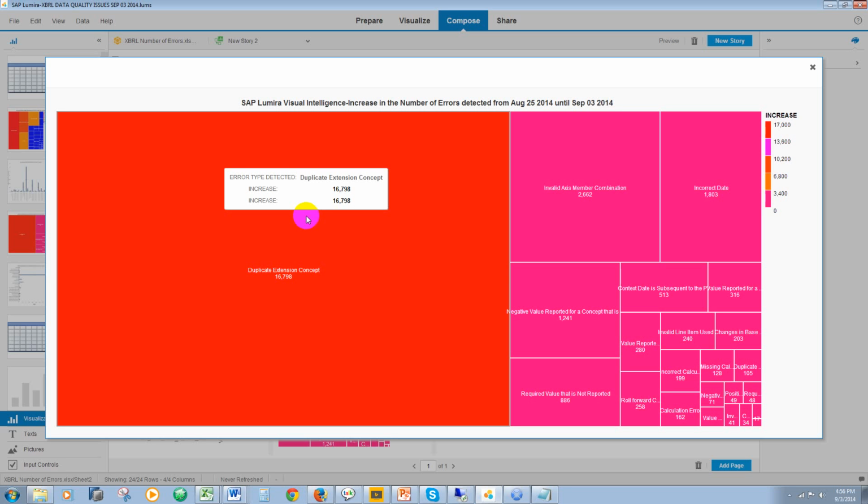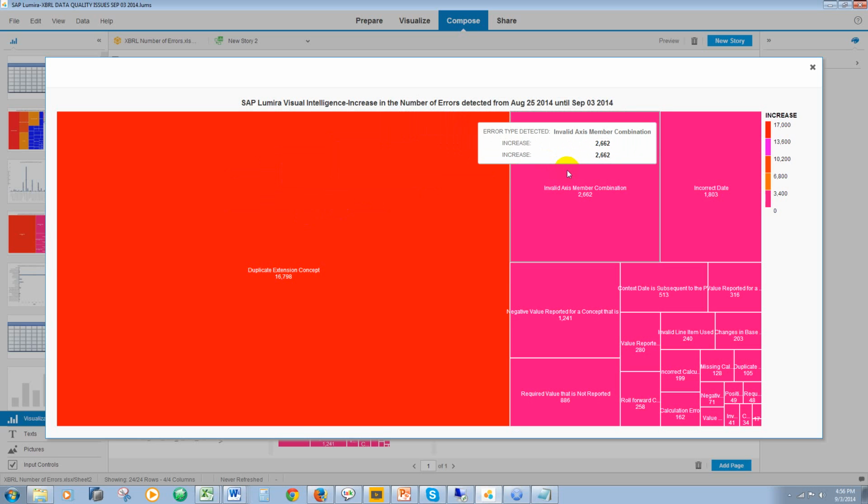That's 16,798. This is an error which is due to creating an extension concept, although there is a standard US GAAP taxonomy concept available for use. So this is a very serious error, affecting the comparability of XBRL data.